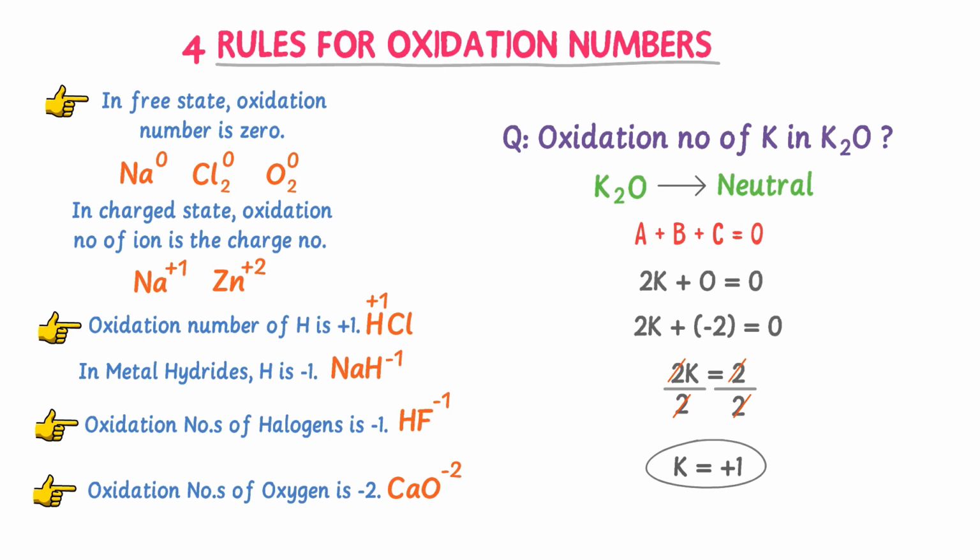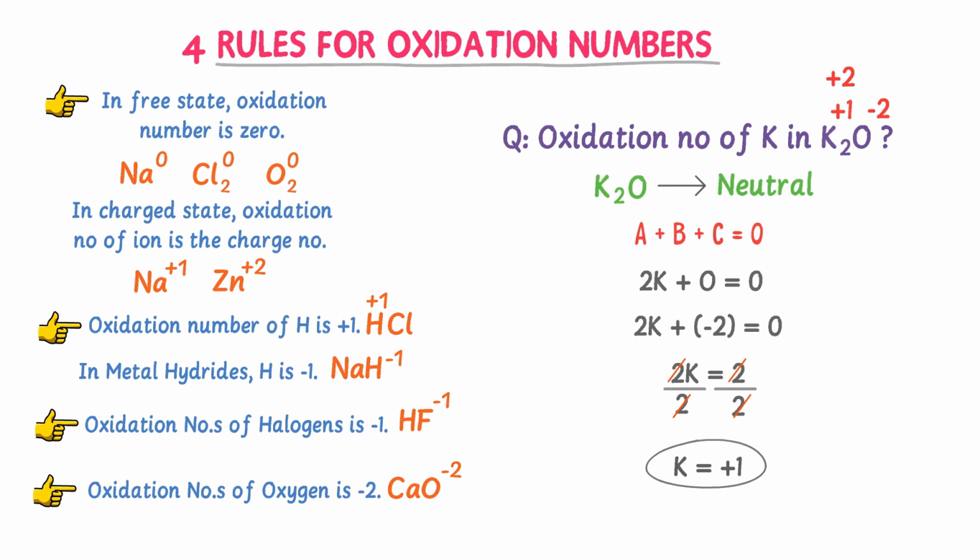Thus the oxidation state or oxidation number of potassium is +1 and that of oxygen is -2. Remember that oxidation number of one potassium atom is +1 and 2 potassium atoms is +2. So +2 and -2 cancel out and overall we get 0 charge on potassium oxide.